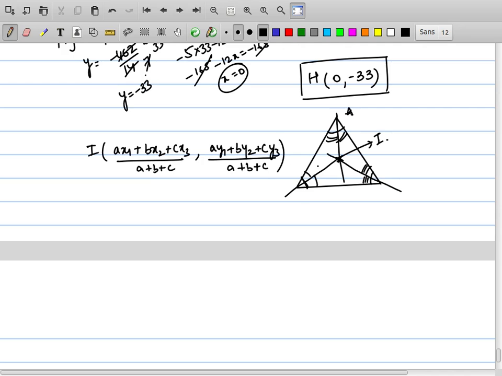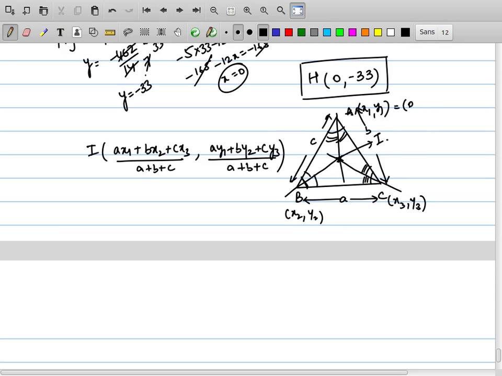Let's say this is A, this is B, this is C. The side opposite to vertex A is small a, the side opposite to vertex B is small b, the side opposite to vertex C is small c, and this is x1 y1, this is x2 y2, and this is x3 y3. We already know x1 y1, x2 y2, x3 y3. We just have to find a, b, c.